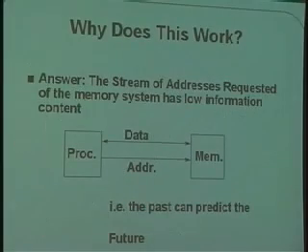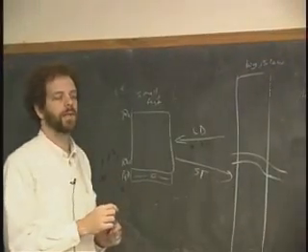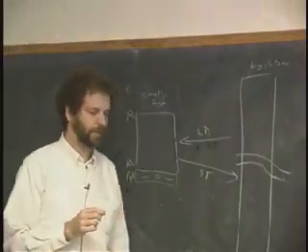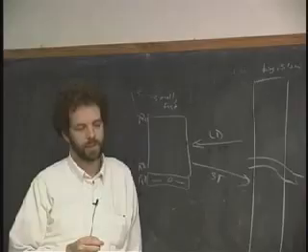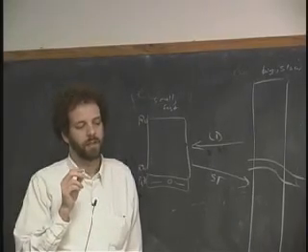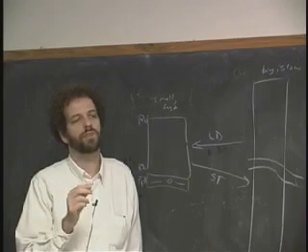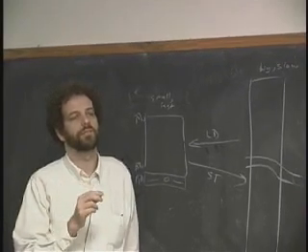Now, another way of thinking about why this works is if I consider the locations that are accessed in a memory system, what I can say, now that you guys have understood some of the physics of these things, in particular in information, is that the record of which addresses are accessed has low information content.